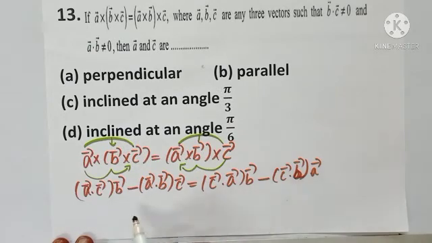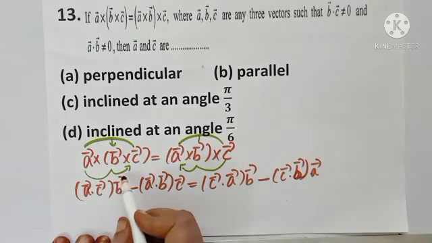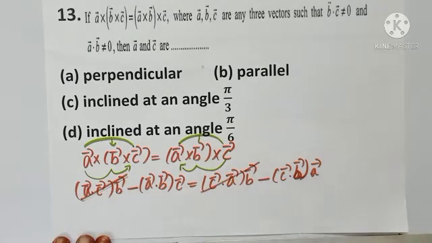As I check both the sides, A dot C into B will get cancelled because we know A dot C and C dot A are equal.